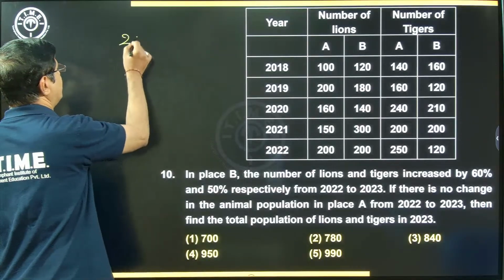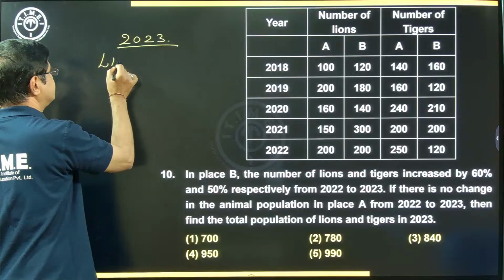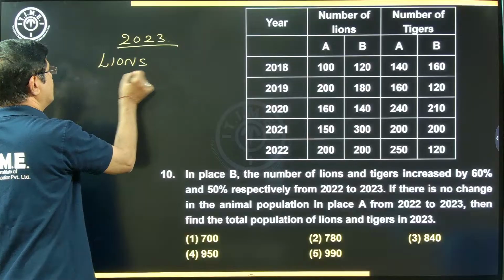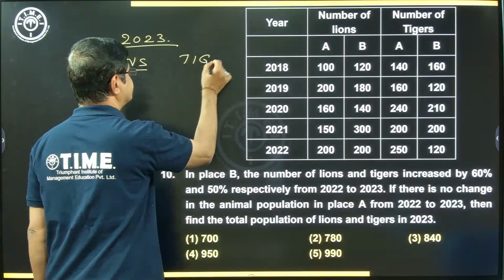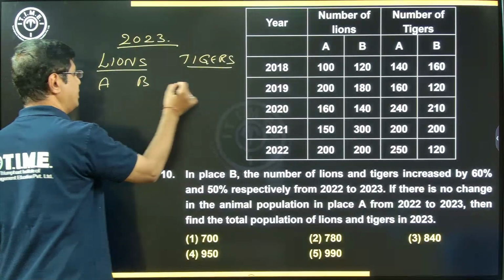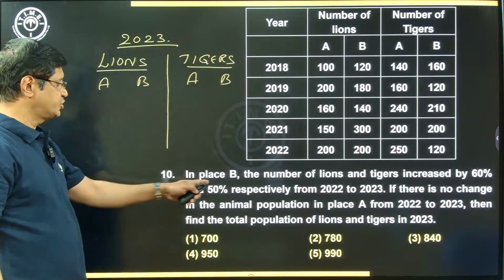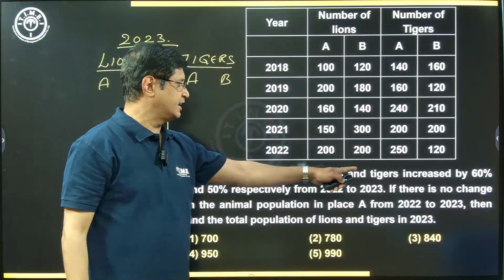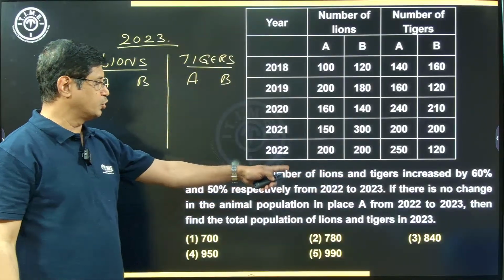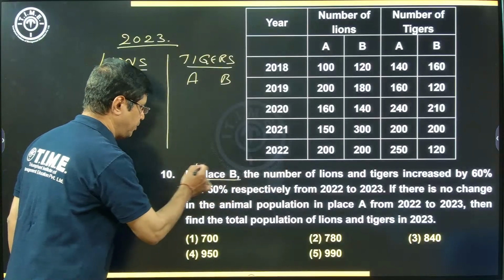Now 2023, lions and tigers. Here place A and B. Now what is the condition here? The number of lions and tigers increased by 60 and 50% respectively from 22 to 23 in place B.